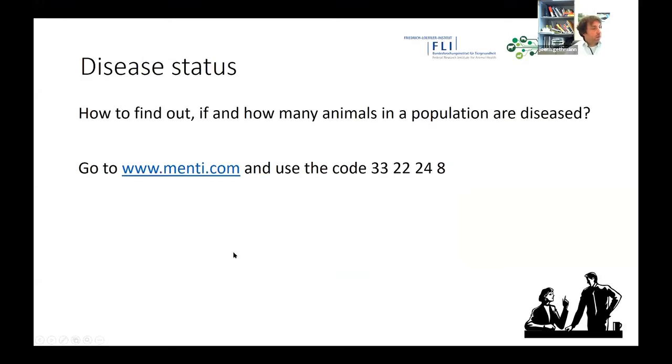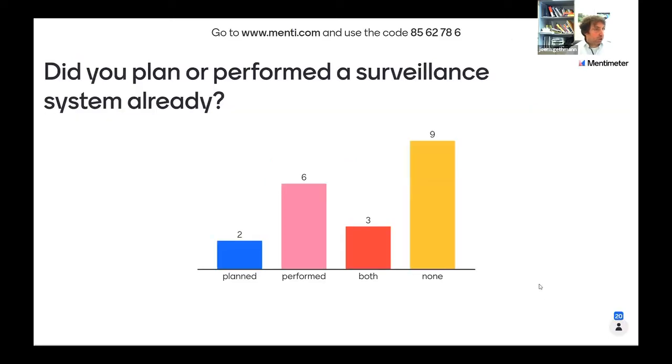And the second question is, for those who performed the surveillance already, how to find out if and how many animals in the population, our virtual population, are diseased. I will switch.